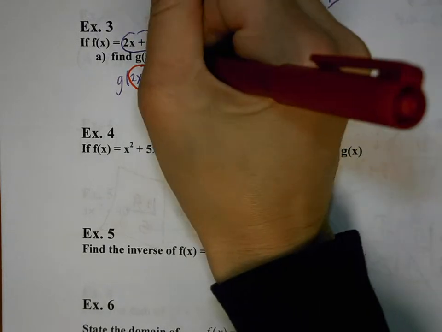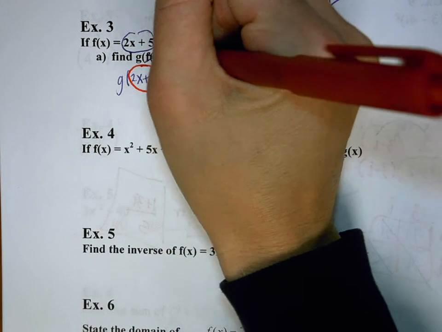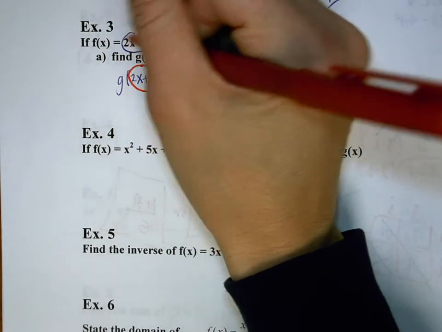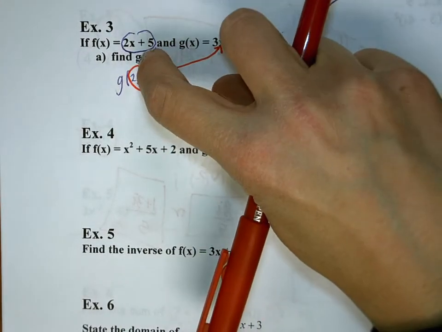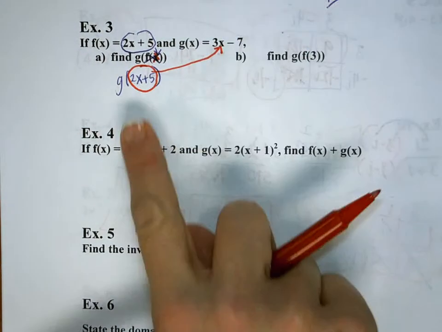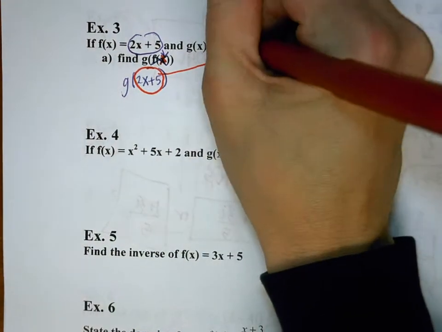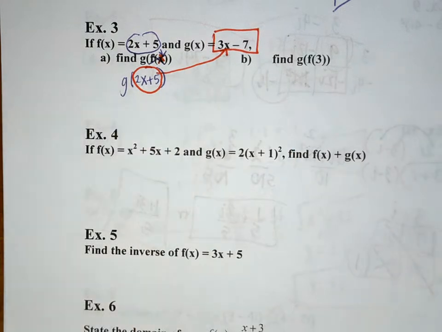So the first one, we are plugging in x for x in my f equation. So that was easy because we didn't really change anything, because x changing for x is the same. So that's how I got 2x plus 5 for f of x. When they're asking for g of 2x plus 5, that means you go to your g equation. So this is my g equation right here. And wherever I see an x, instead of writing x, I have to write 2x plus 5.